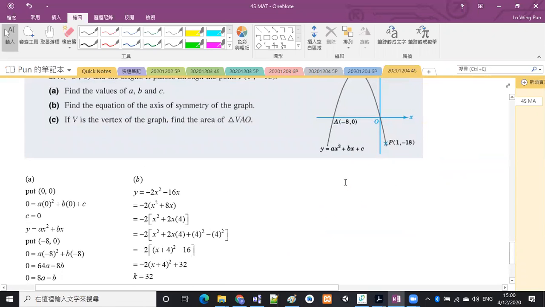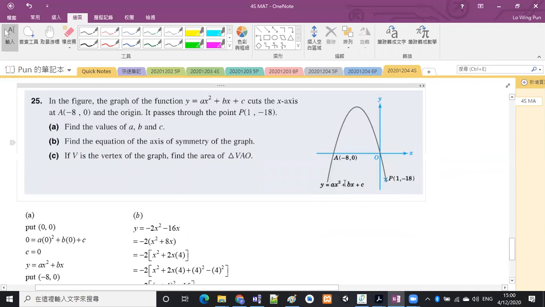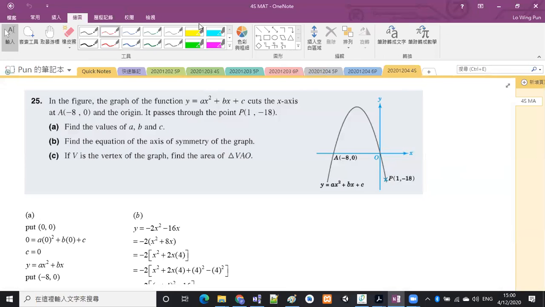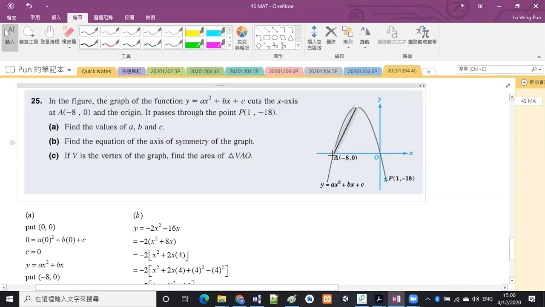And then part C, if V is the vertex of the graph, find the area of triangle VAO. VAO，好啦，我試下畫出嚟先啊。Okay, so this is point V. And V is the vertex.